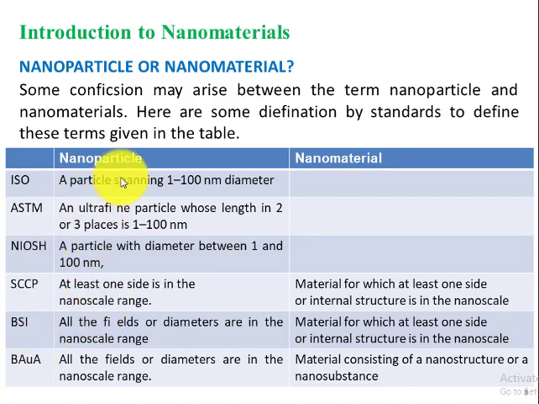These are the definitions according to these organizations. For a nanoparticle, according to ISO, a particle spanning 1 to 100 nanometer diameter, an ultrafine particle whose length in 2 or 3 places is in 1 to 100 nanometer.